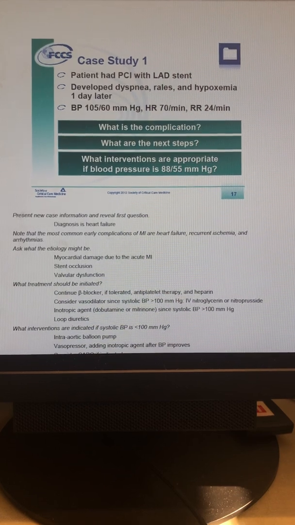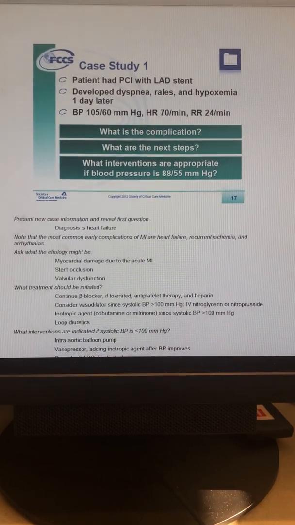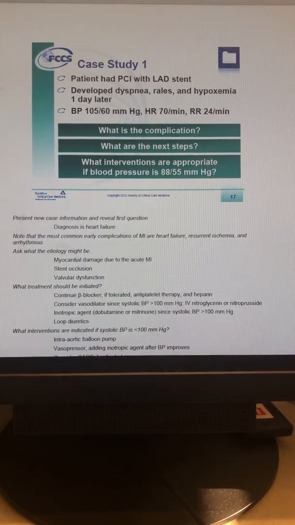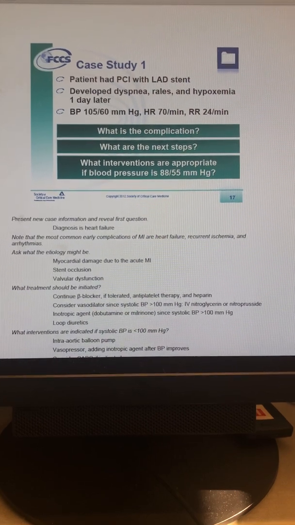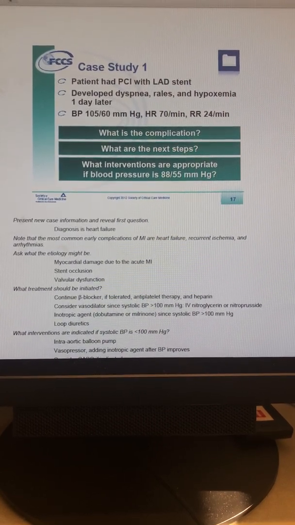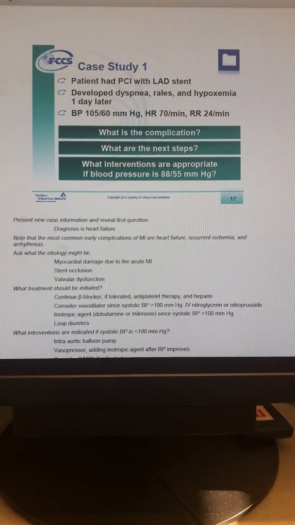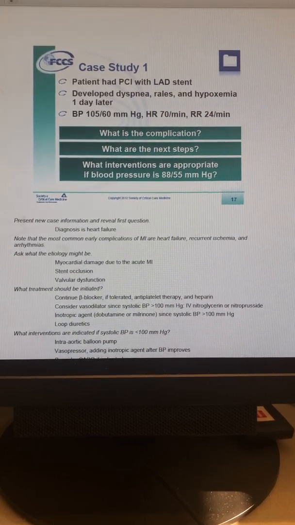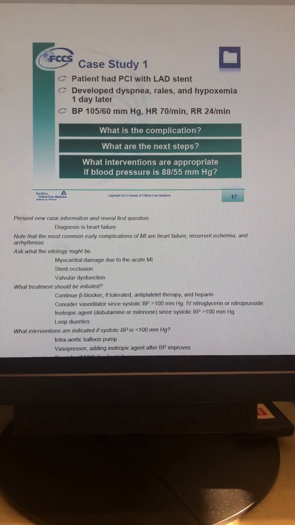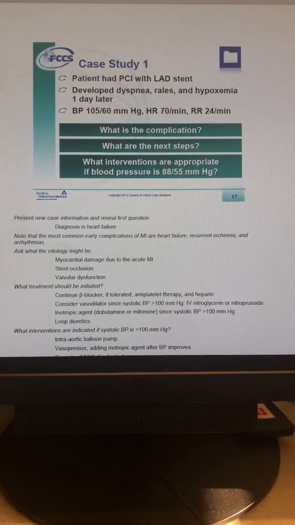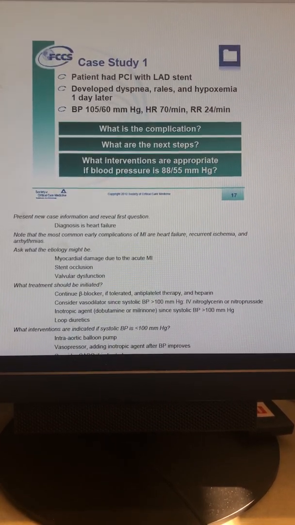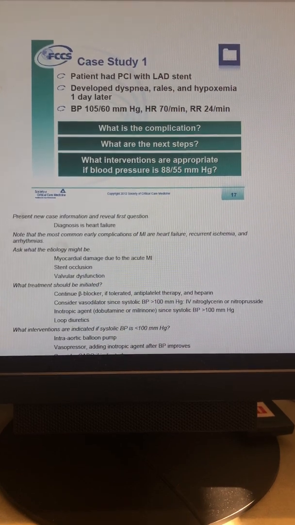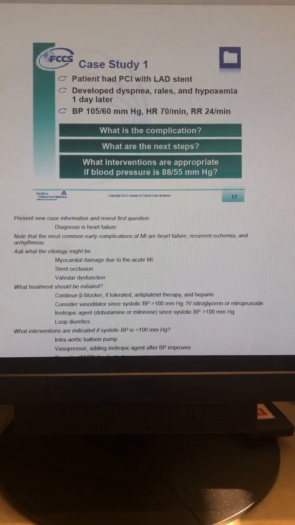What can cause congestive heart failure after a heart attack? Well, maybe the damage from the original heart attack is too much and put the patient in congestive heart failure. So that's one of the options. The other option, maybe the stent occluded. So we put the stent in, but the patient clotted the stent. That can give you congestive heart failure. Or maybe after the heart attack, you have valvular dysfunction, like acute mitral regurg.